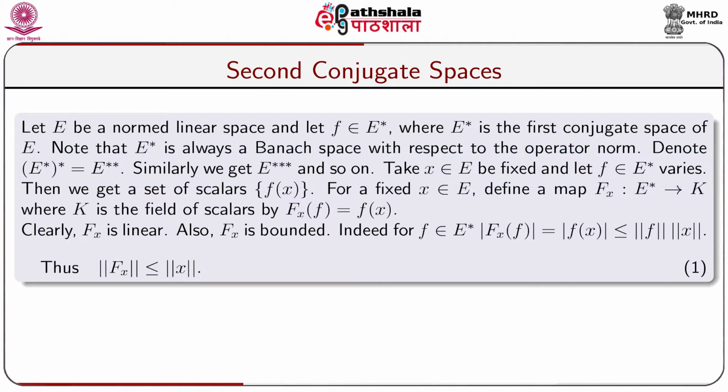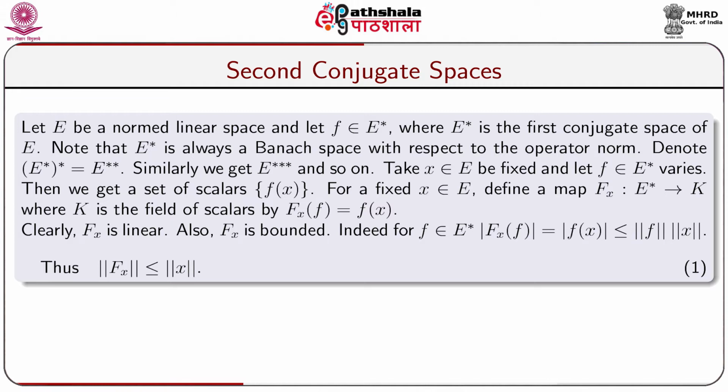Let us take an element x belonging to E, and it is fixed, and let f belong to E star and vary. Then we get a set of scalars f of x. For a fixed x belonging to E, define a map F x from E star to k, where k is the field of scalars, by F x of f equal to f of x.